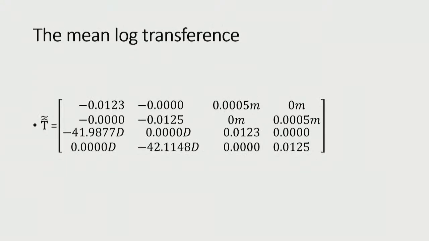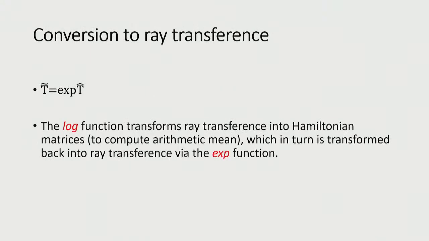But when we do the calculation, with the ray transference we cannot do the calculation, and hence we convert into the Hamiltonian. Once we convert, then we start to do all the calculation. And when we finish the calculation, we must convert back to the ray transference, the normal physical light that's coming in there.